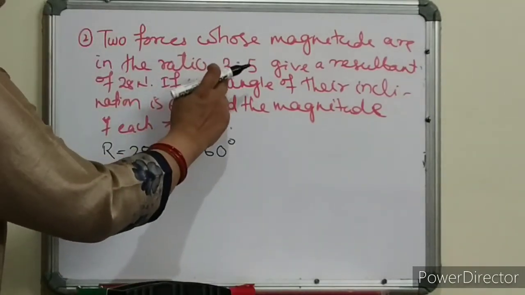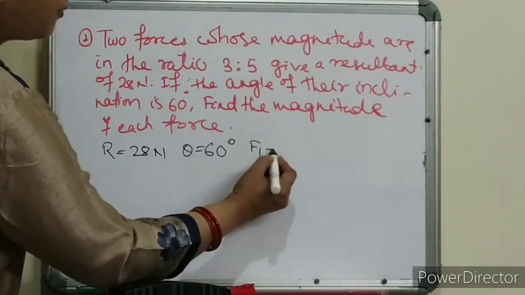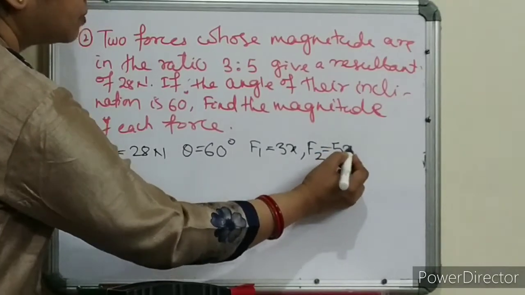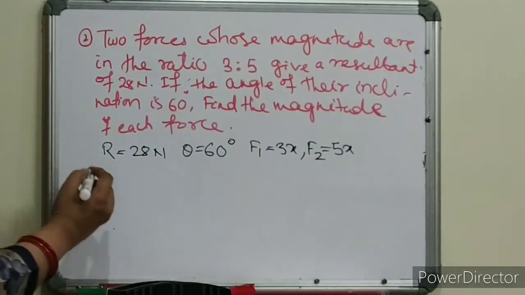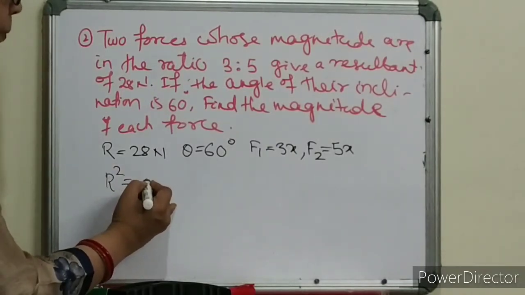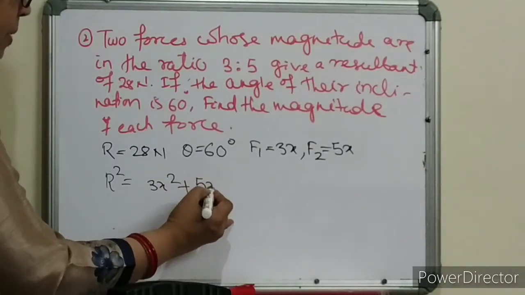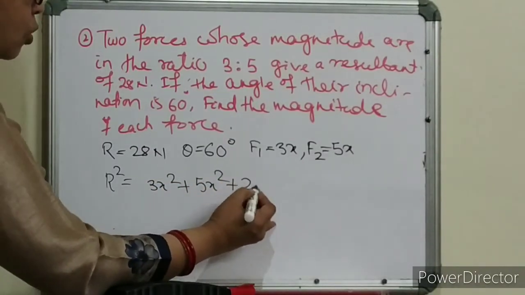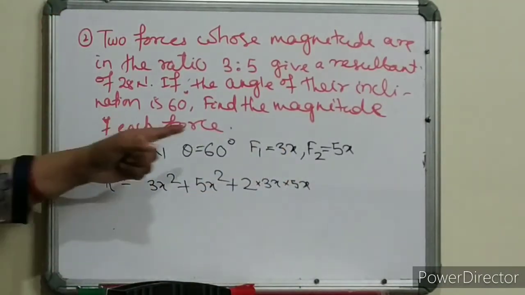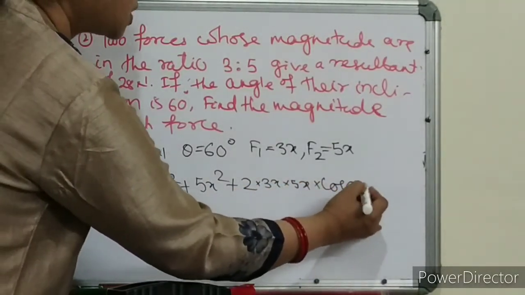So let the forces be 3x and 5x, as the ratio is given 3:5. So F1 is equal to 3x, then F2 is equal to 5x. What is the formula for resultant? R square is equal to F1 square, that is 3x square, plus F2 square, 5x square, plus 2 into 3x into 5x into cos 60 degree. What is cos 60, children?